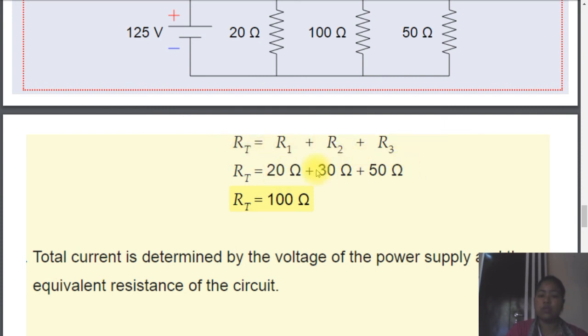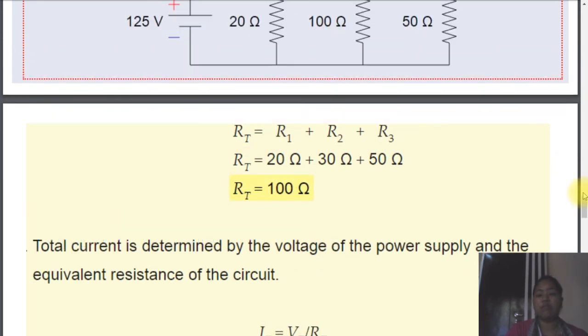You directly add the values of R1, R2, R3 and you get the total or equivalent resistance of the electrical circuit. That will be equal to 100 ohm.